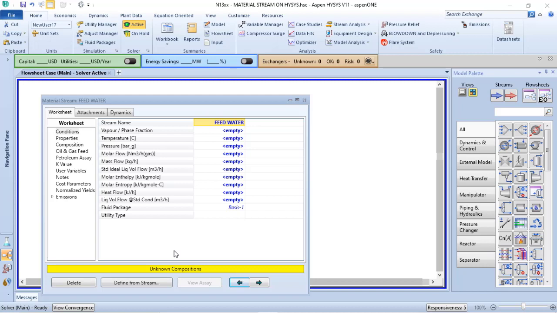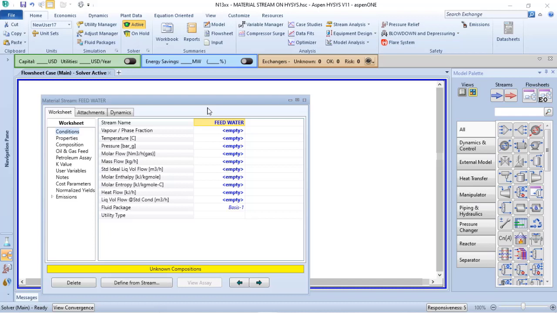But before doing that, let's talk about some standard inputs needed to define a material stream on Aspen Hysys. Most often, once the composition of your material stream is defined, what you will add as conditions to your process simulation is information related to phase fraction, temperature or pressure, and the fluid flow of the process.